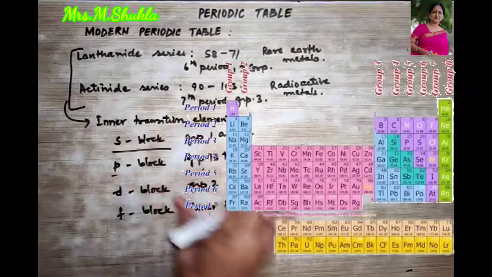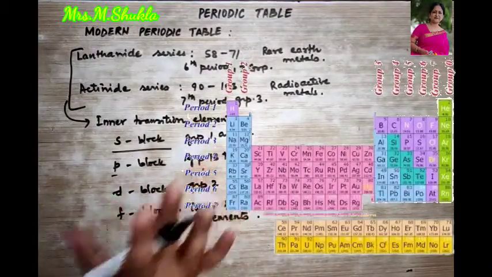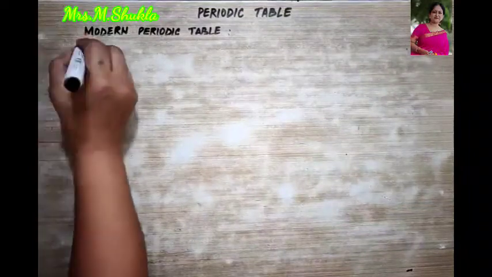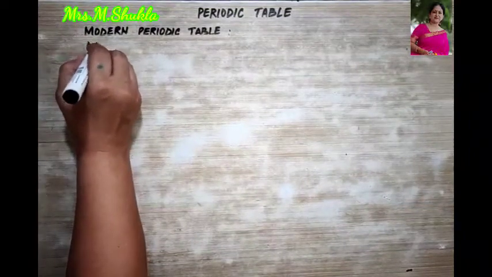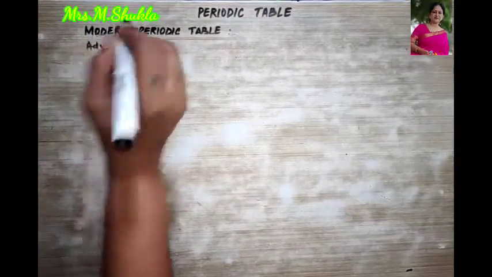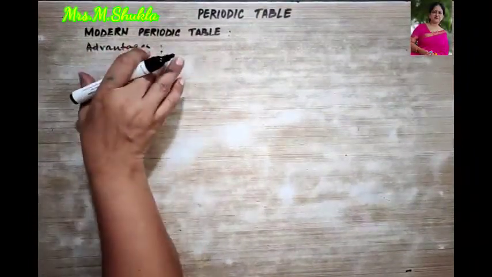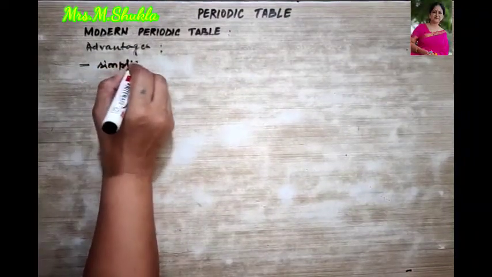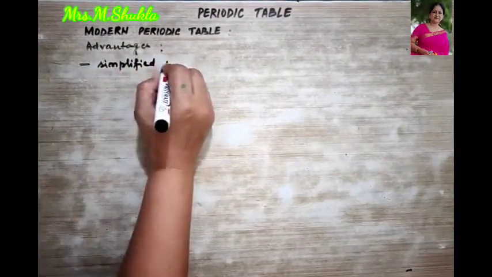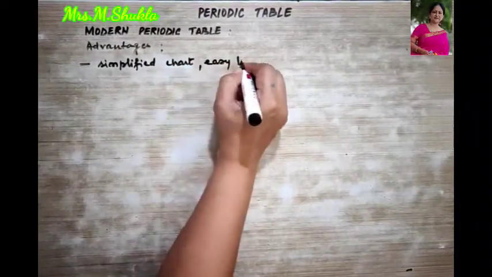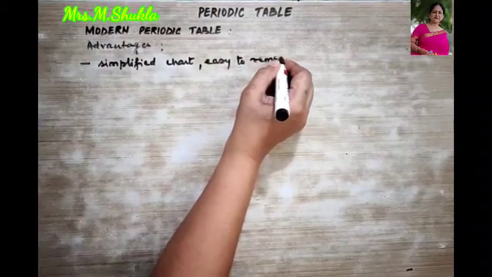So I hope all the important points about the modern periodic table are clear to you. Now let us talk about some advantages and disadvantages of the modern periodic table. Firstly, coming to advantages: simplified chart, easy to remember.